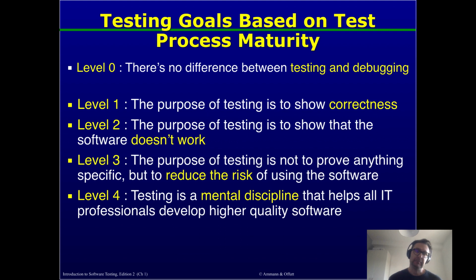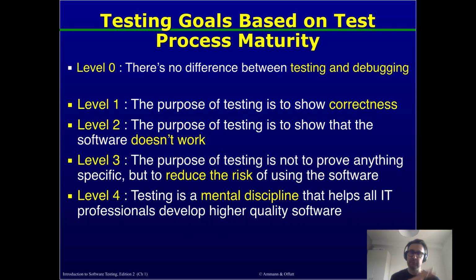We can look at the maturity of a company or a project, or the people in a project. You can look at testing and debugging and quality at different levels depending on how mature you are. At level 0, a base level, you don't even see a difference between testing and debugging.